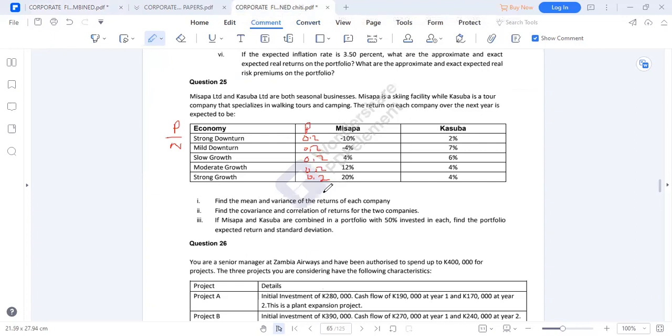So this is how this question was supposed to be answered in relation to finding the mean and the variance. Are we together? Are we together on the first part, everyone?